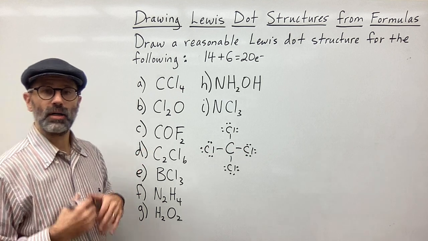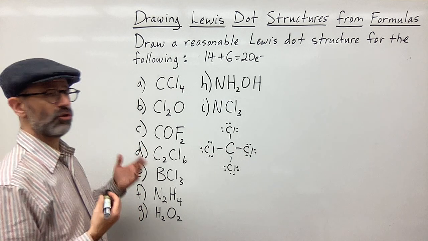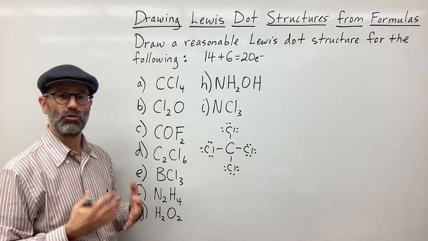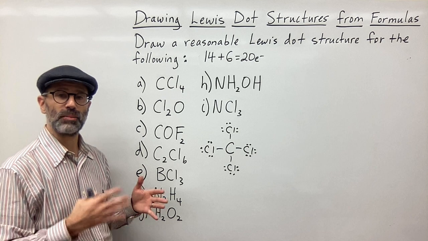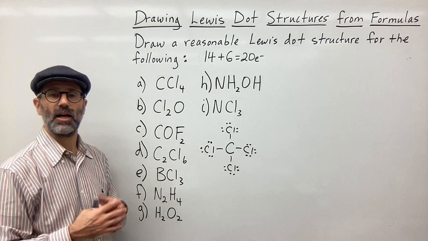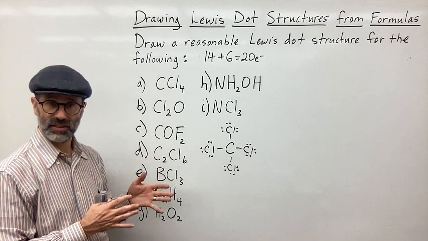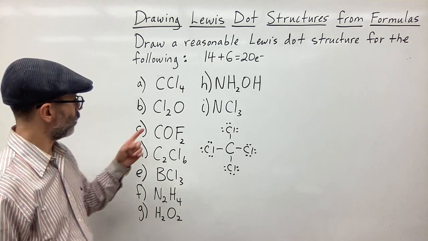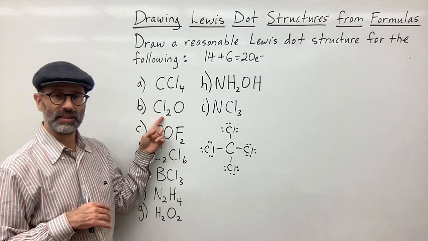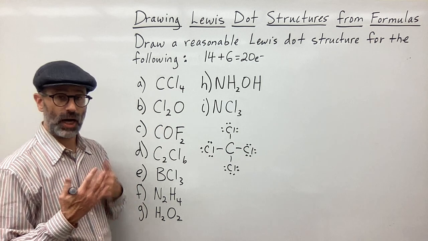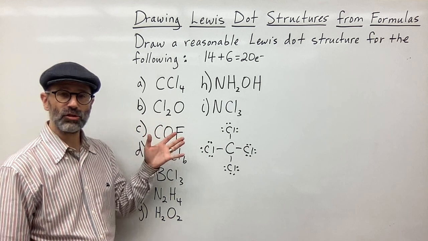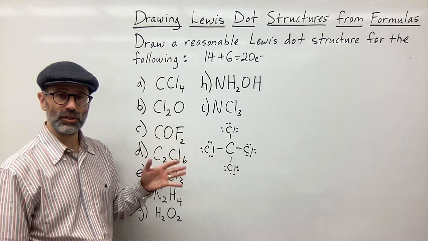Now, next one is our skeletal structure. So we need to determine what the central atom is. Now, I've said before that usually the first atom in your formula is the central atom. So here we have chlorine, but chlorine is not going to be the central atom in this case, because if you think about the other factors, the central atom is going to be the lesser electronegative atom.